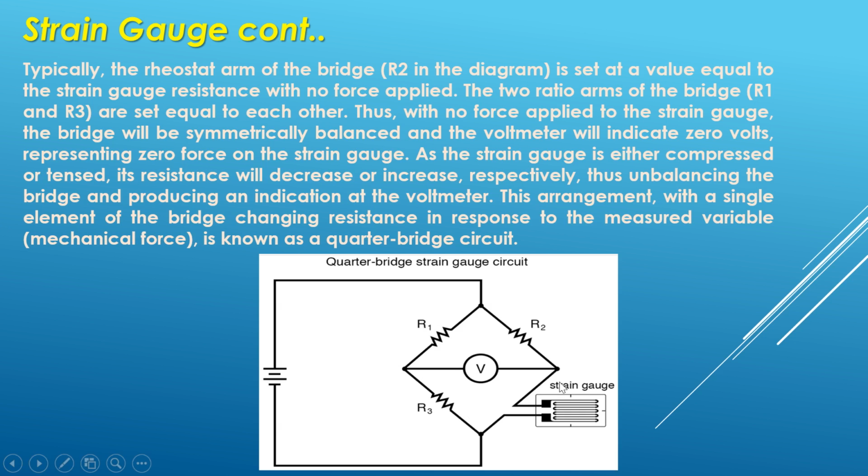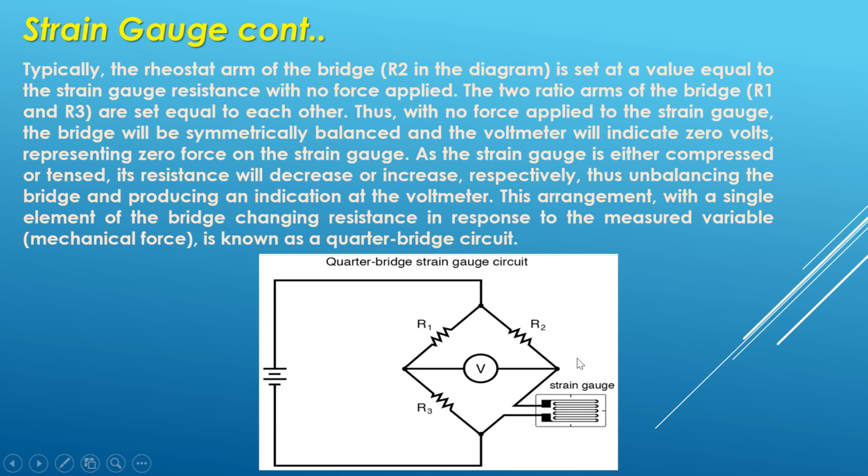So we can identify this strain gauge using the quarter bridge strain circuit. We can set R1 and R3 to the same resistance. If no force is applied to the strain gauge, the wattmeter will show 0 watts because the strain gauge is in the balanced mode.